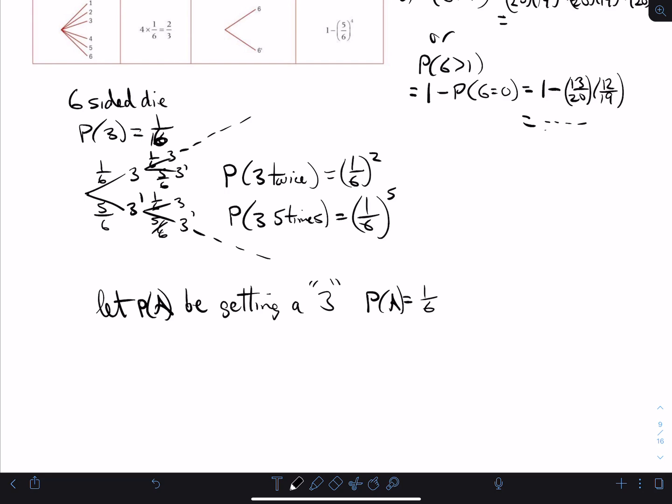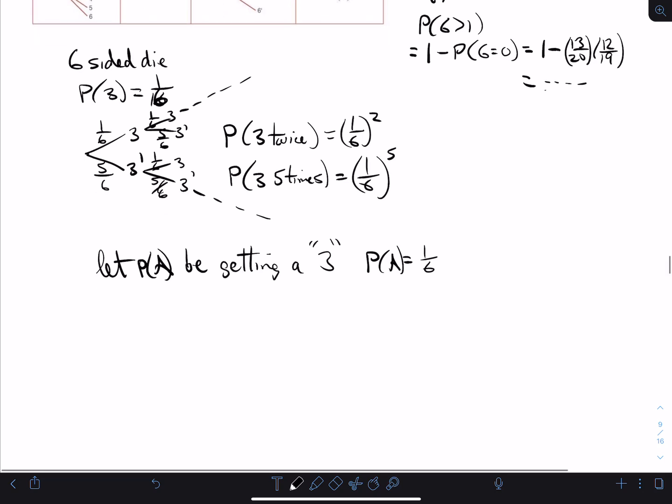Okay? Fine. Here's the neat thing. If you are interested, what happens along all these possible paths? Well, if I roll twice, here's what it looks like. Either A or not A happens, and you're going to do it twice.